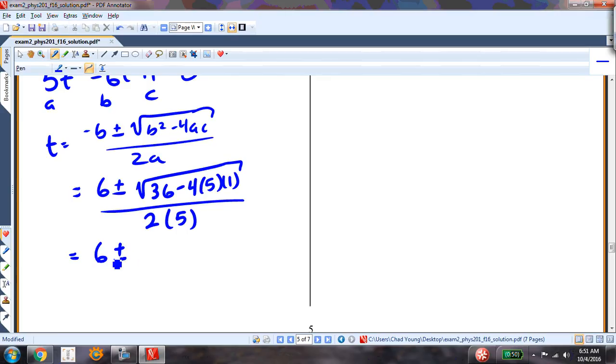This works out to be 6 plus or minus 4 divided by 10. So that is 10 divided by 10, or 1, or 2 divided by 10, which is 0.2.